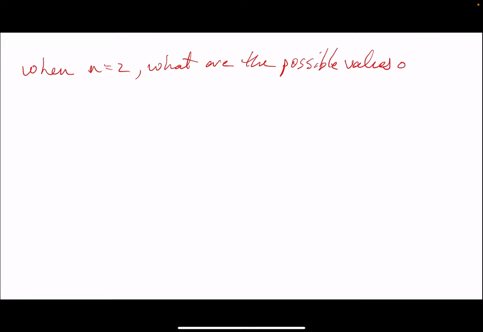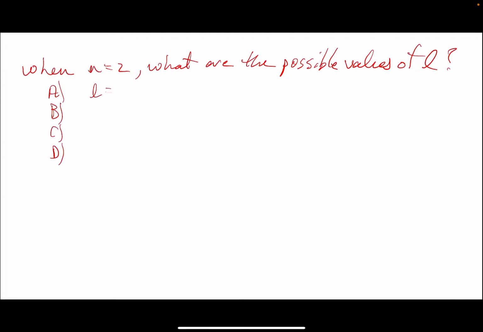And we could ask a question like, when n equals 2, what are the possible values of L? Okay, so perhaps we'd have an option like A, B, C, and D as a multiple choice question.